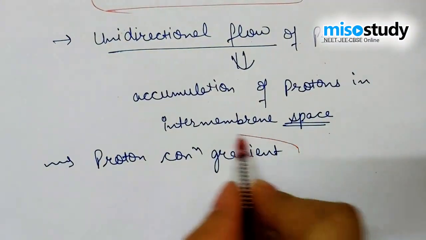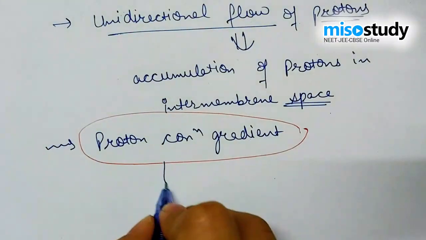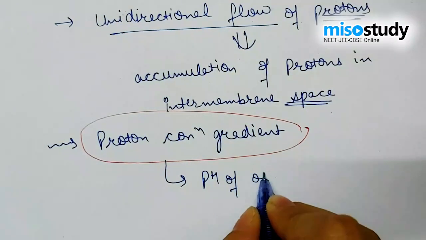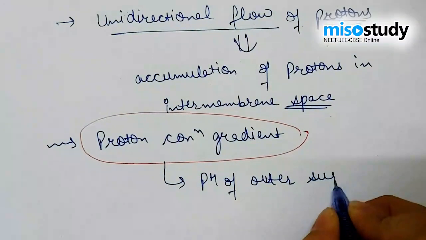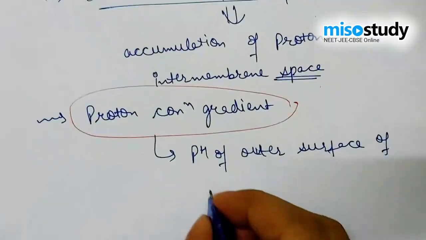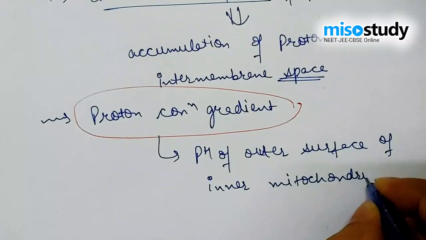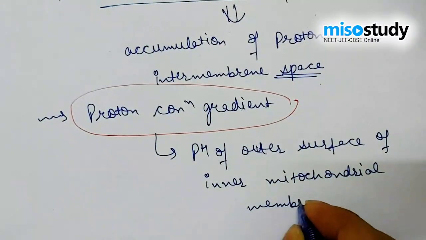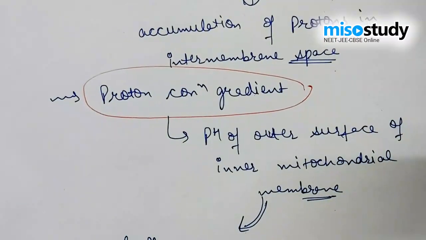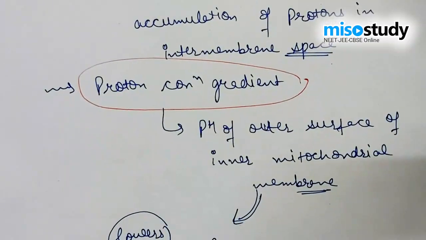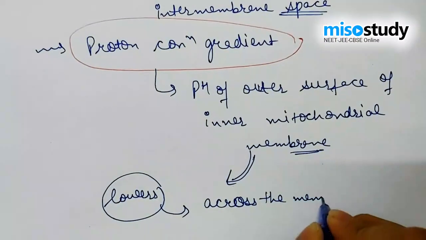Because of the unidirectional flow of protons into the intermembrane space, the pH of the outer surface of the inner mitochondrial membrane lowers as compared to the pH across the membrane.